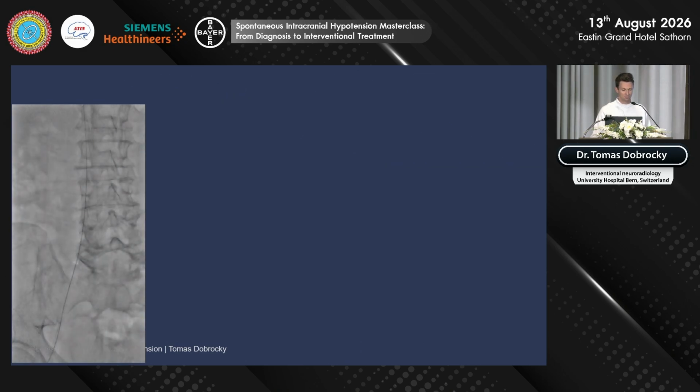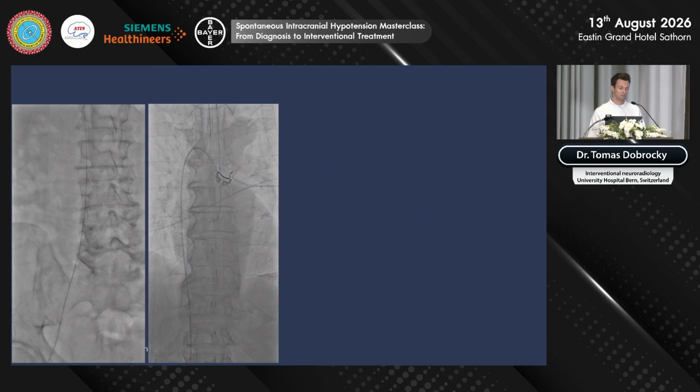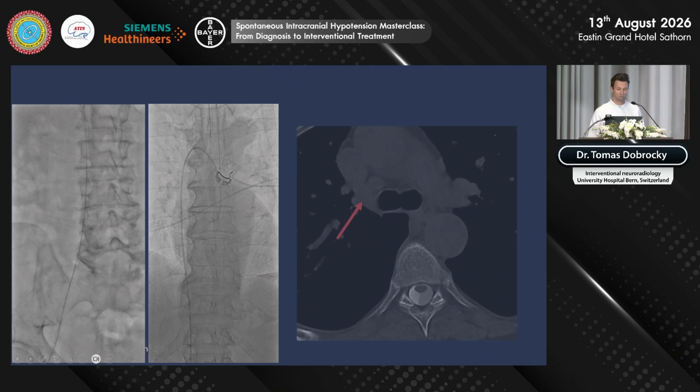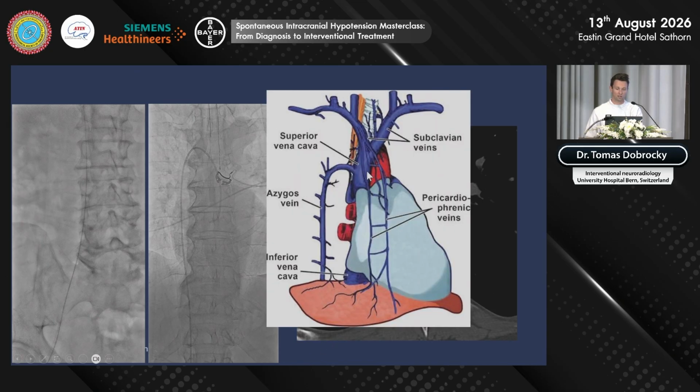How is it done? It's a standard transfemoral approach. Usually we take a 7 French sheath, on some occasions 5, and the target is to bring up the wire and catheter through the azygous vein into the desired level of the fistula. The important landmark here is the azygous vein, which wraps around or originates at the posterior border of the superior vena cava.